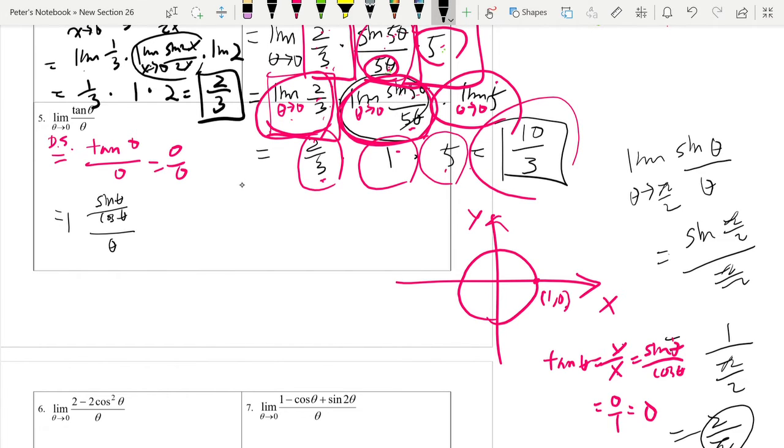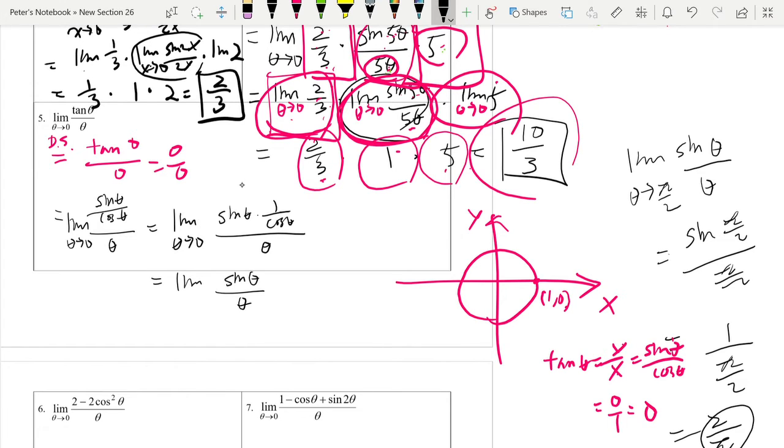So maybe this will help me out. And this is actually the same thing as sine theta times 1 over cosine theta over theta, right? How is this going to help me out? It's going to be limit of, and look at this manipulation now.